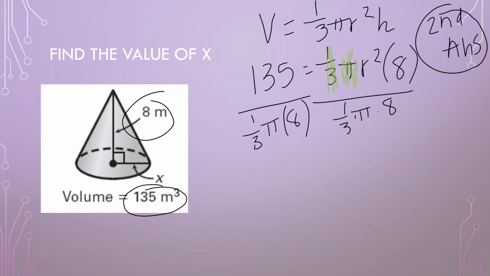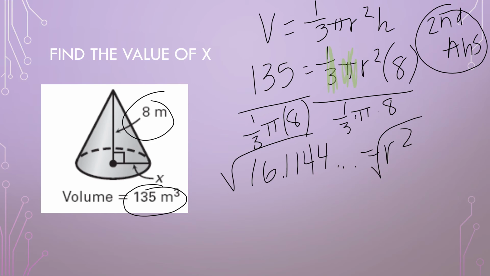Then I got the 16.1144, which again I didn't round until the end. So I need to get r by itself, and I take the square root of both sides, which then I can round in my final step, which was 4.01 meters for the radius.